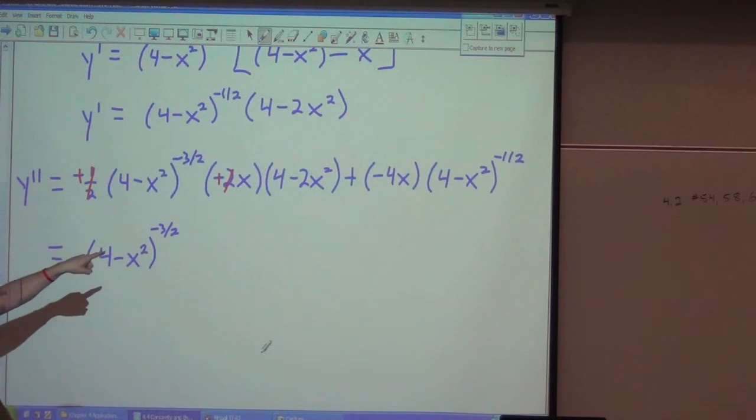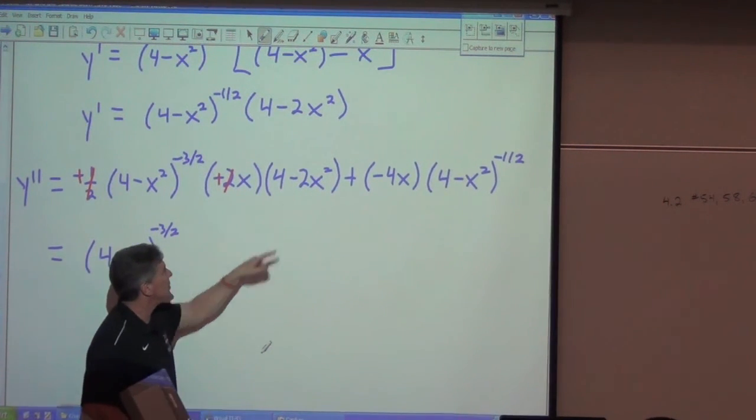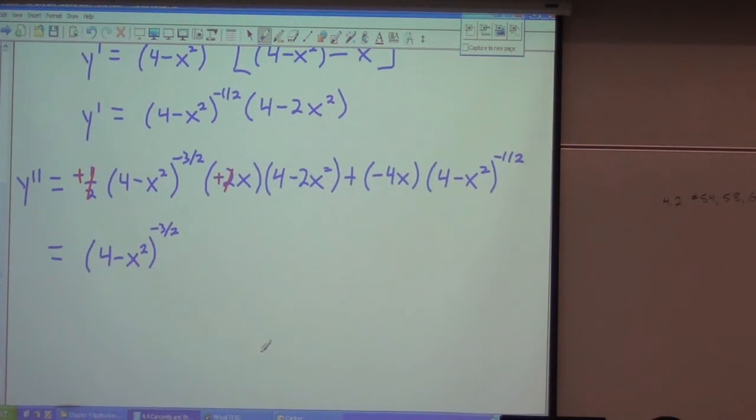Well, it's 4 minus 2x squared. Oh. Right, because I was looking at that 2 at first. That's a little different. Because, let's see, there's an x here, right? And an x here, so let's take out an x as well.